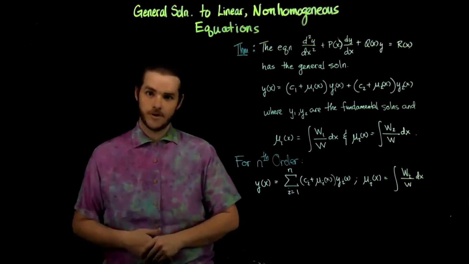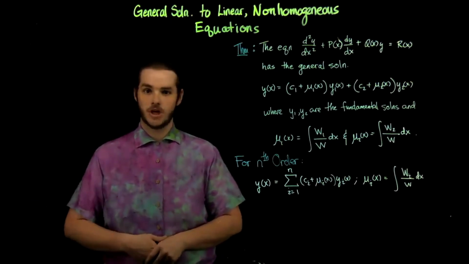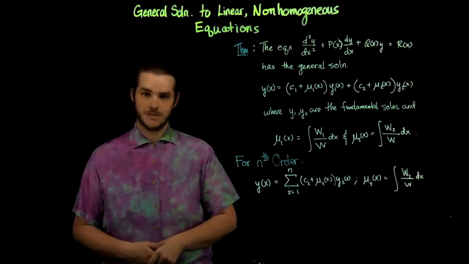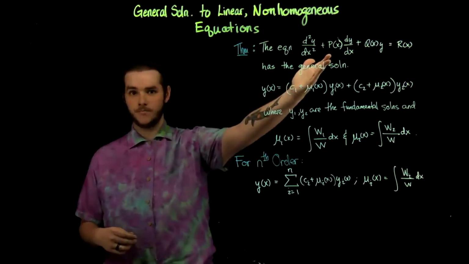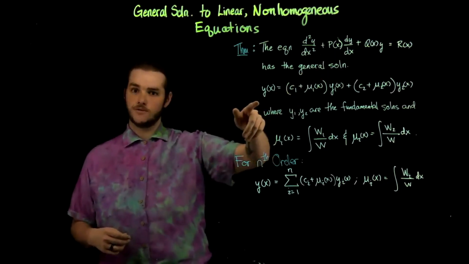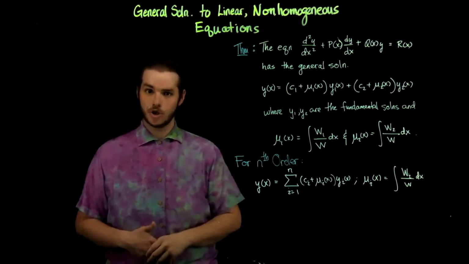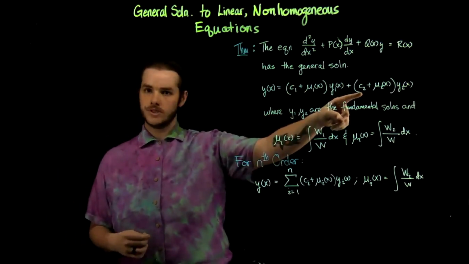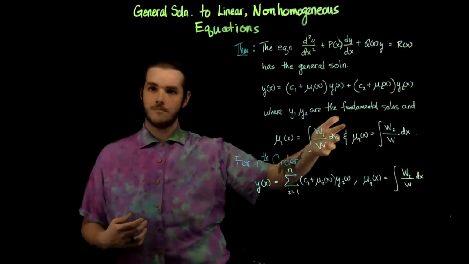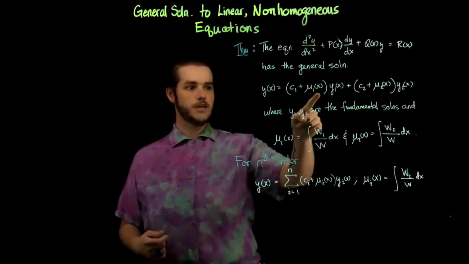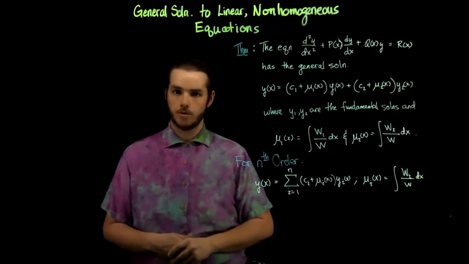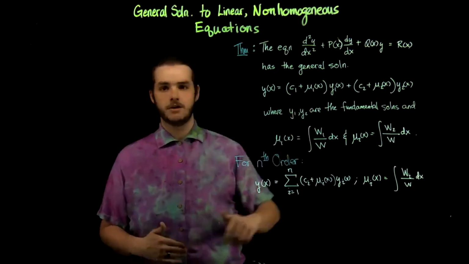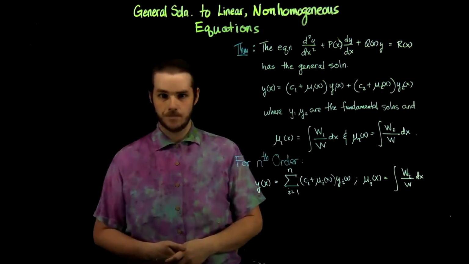Now we have everything that we need to write down the general solution to the second order linear non-homogeneous equation, written this way. The general solution, of course, is still the complementary solution plus the particular solution. The C1 and C2 come from my complementary solution, but we see that both pieces depend on the fundamental solutions to this equation, y1 and y2, and the particular solution has a variable parameter, mu1 and mu2.